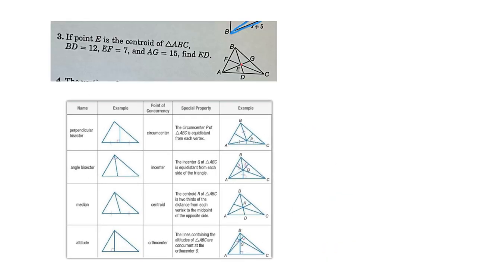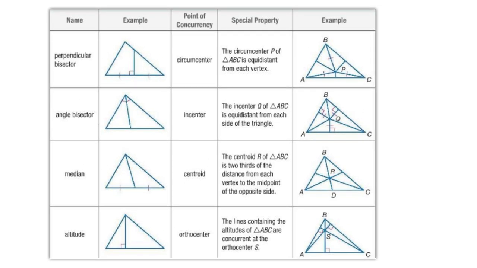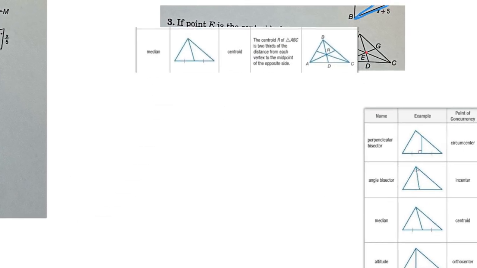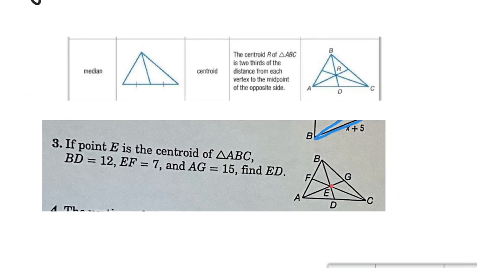That sort of reminds me of all the different points of concurrency. We have the circumcenter that maybe we should be aware of, the incenter, centroid, orthocenter. Obviously, we're dealing with this one. All right, so they're talking about centroids. Let's remind ourselves of what that even means.